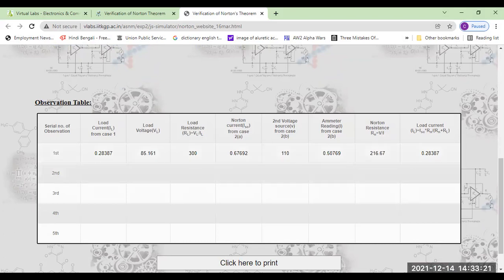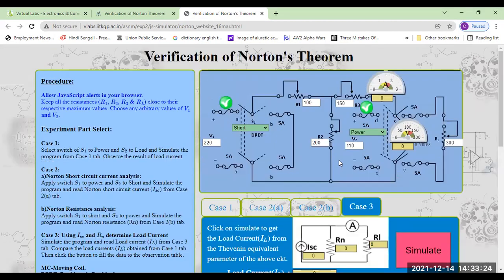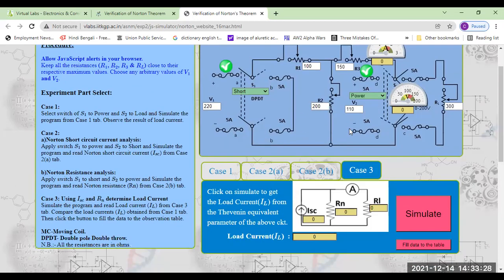So the verification of the Norton theorem is done. Is that okay to all of you? Yes, sir. Okay. Then we have to perform many things.